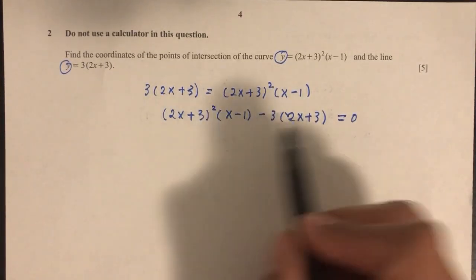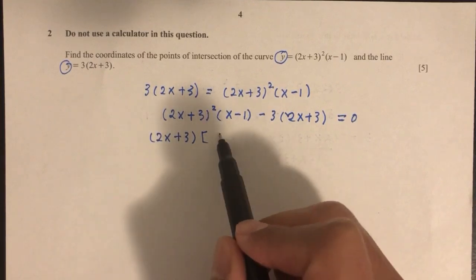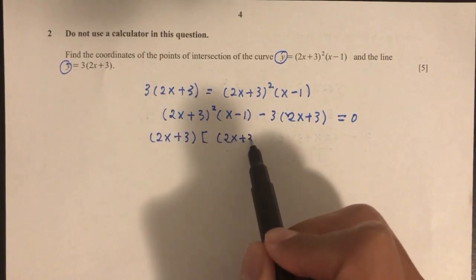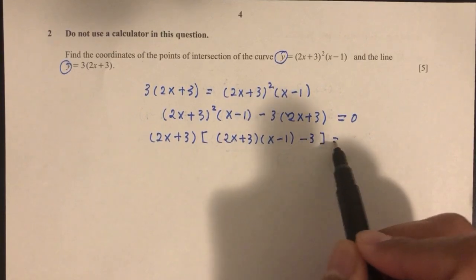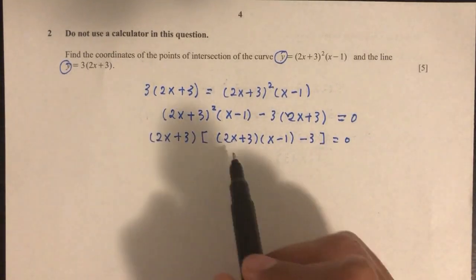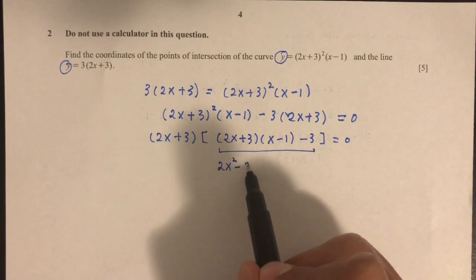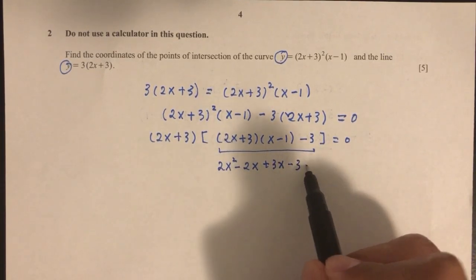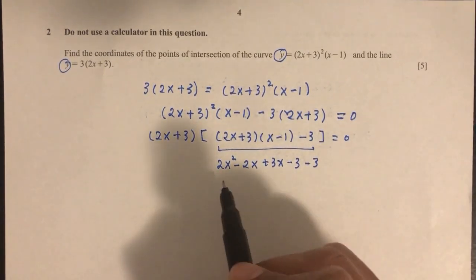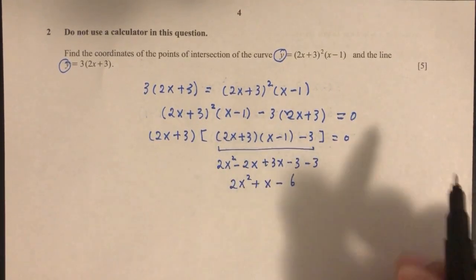So factorize this out, we'll have (2x plus 3) times ((2x plus 3)(x minus 1) minus 3) equal to 0. So expand this, what do we have? We have 2x squared minus 2x plus 3x minus 3 minus 3. This becomes 2x squared plus x minus 6.